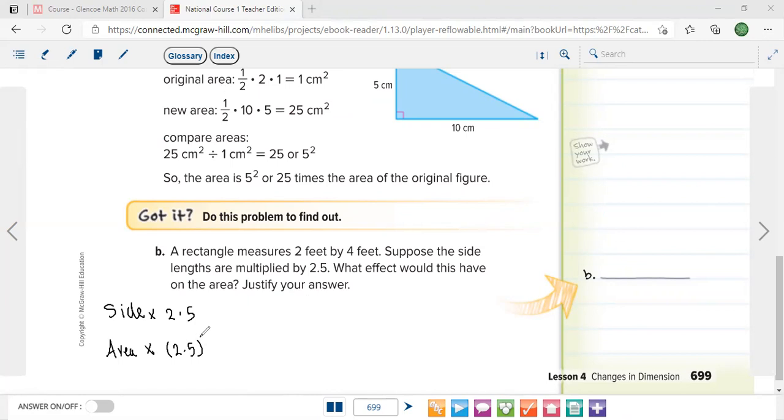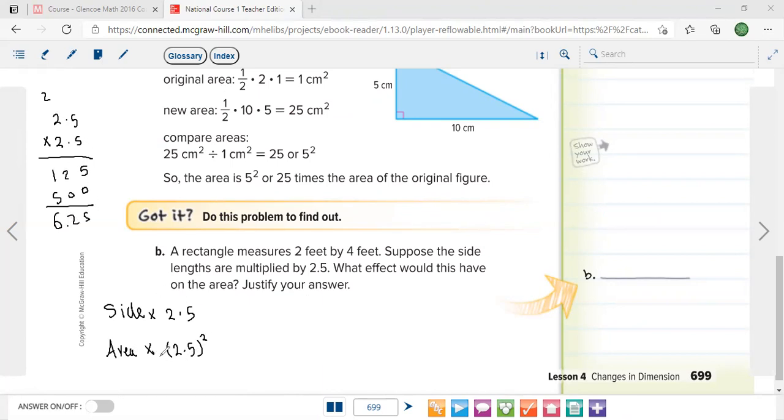2.5 power 2. Let's see what 2.5 power 2 means. 2.5 times 2.5. So 5 by 5, 25, carry 2, 5 by 2, 10 and 2, 12, with 0, 50, 6 to 5, decimal point after two digits.